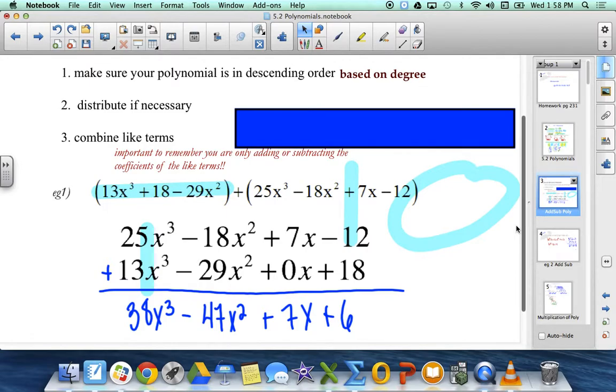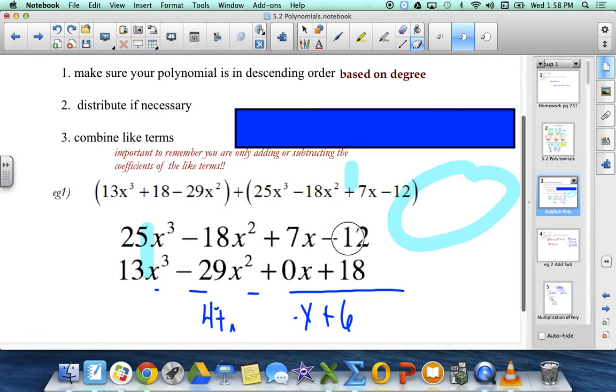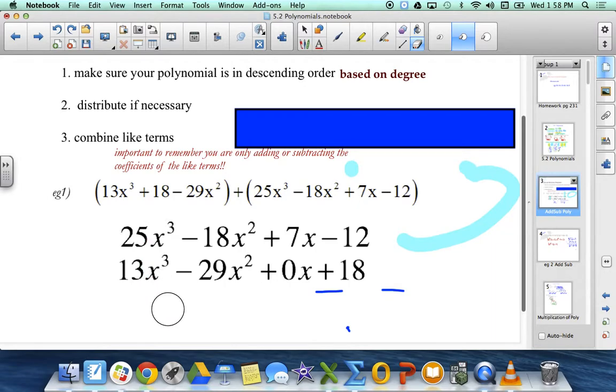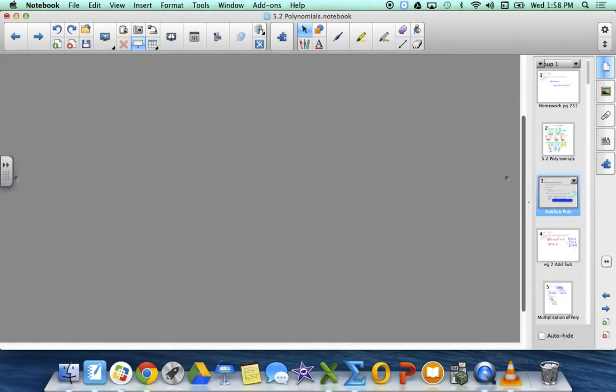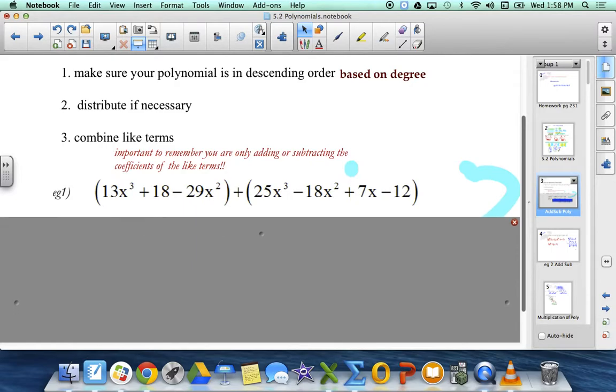So up here, I have two polynomials that we want to add together. You should really put them in descending order to begin with.